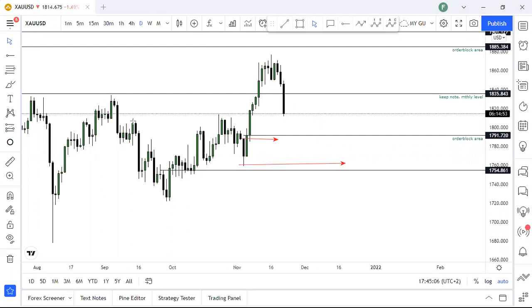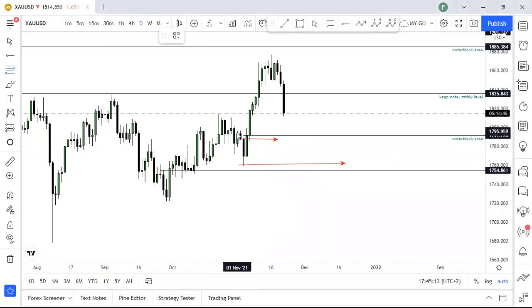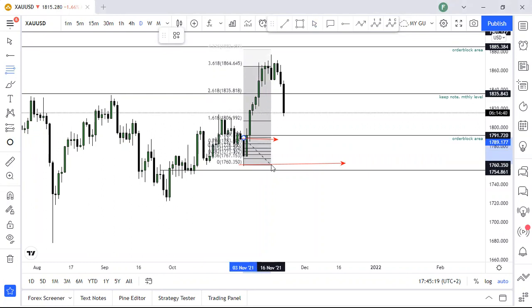and do the 50%, let's say 61.8% retracement. Okay, and where is our 50%? Our 50% is around this area, 50% of that candlestick.